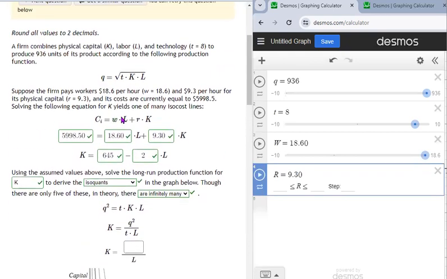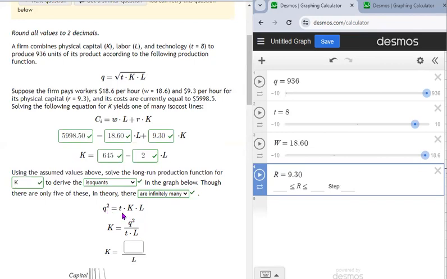So the first thing we did is we got rid of the square root. To get rid of the square root, you square both sides. You square the right side and you square the left side. And that's what we have here. We have Q squared, and then that is equal to T times K times L. And then I'm going to take the right side and put it on the left side.